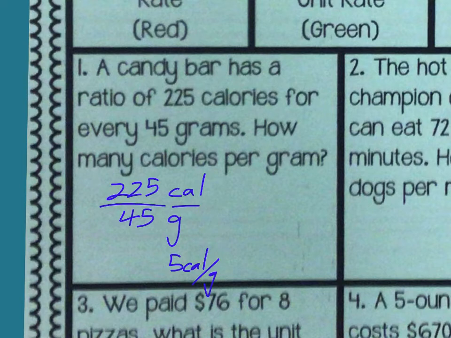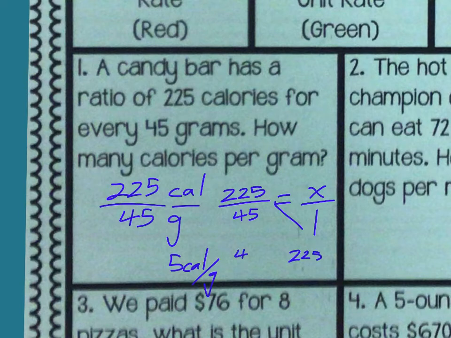Okay, so what are you really doing here? You're taking that 225 over 45, and you're really doing a proportion or a ratio. I want to know how many calories per 1 gram. We just took a shortcut here by dividing those. But really, if you went 225 times 1, you get 225, and then you get 45x.